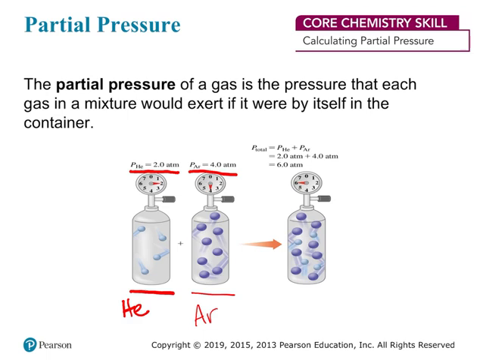Now, if we mix those two gases together, those two partial pressures are going to add together to give us the total pressure. So 2 plus 4 gives us 6 atmospheres of total pressure. This is a super simple law. We just add these partial pressures together and it gives us the overall pressure.